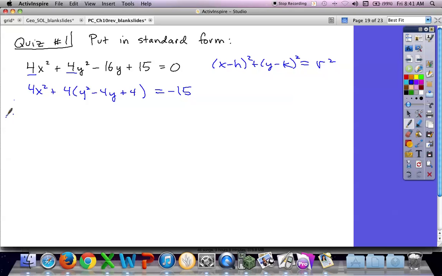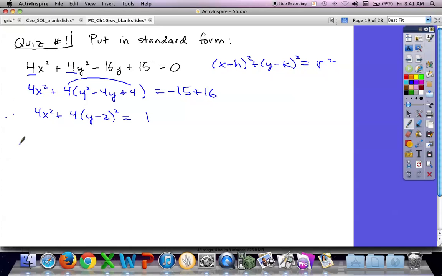And then, what do I add to the other side to compensate for the fact that I just added 4? 16, because it's 4 times 4. So this is 4x squared plus 4 times y minus 2 squared equals 1.